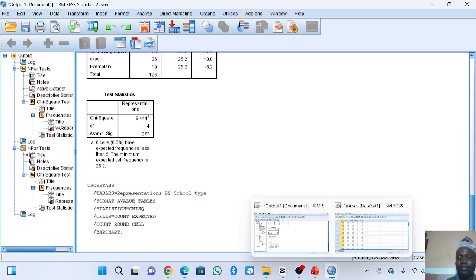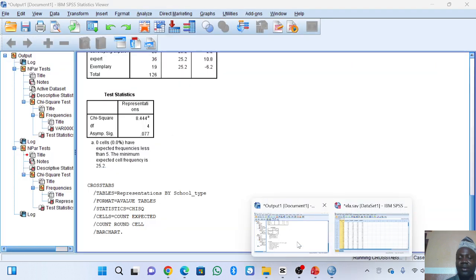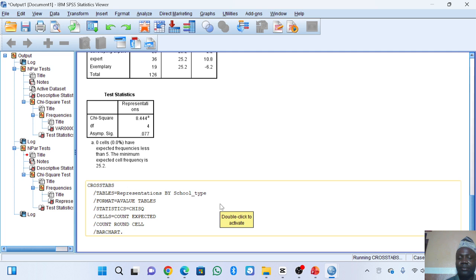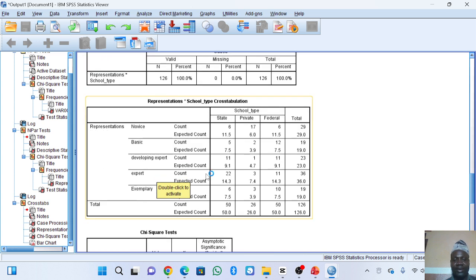Now, the table results is going to come. It's still running. But what I want you to realize is that you can see the table is here now. So the table will give us a bigger table. Look at it.